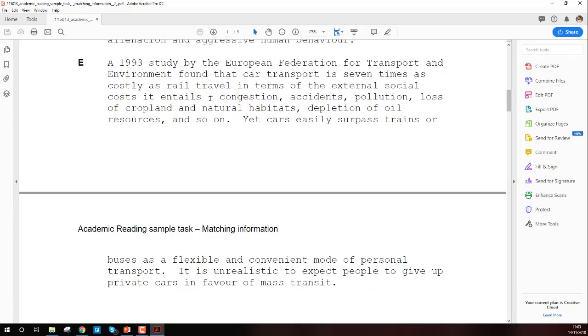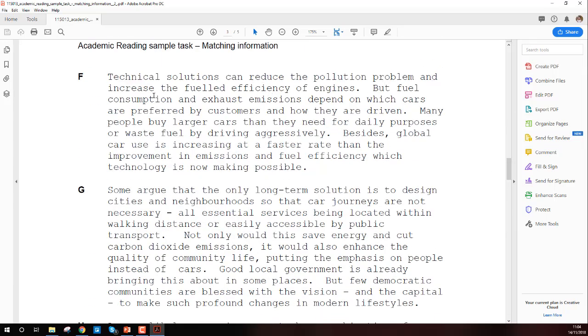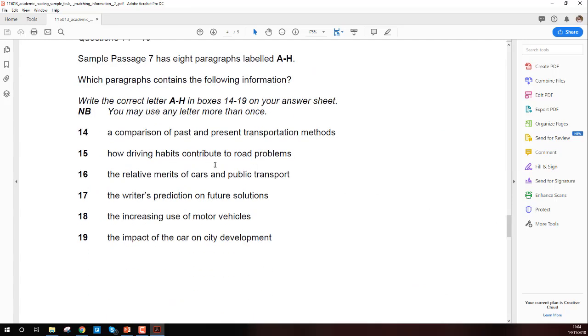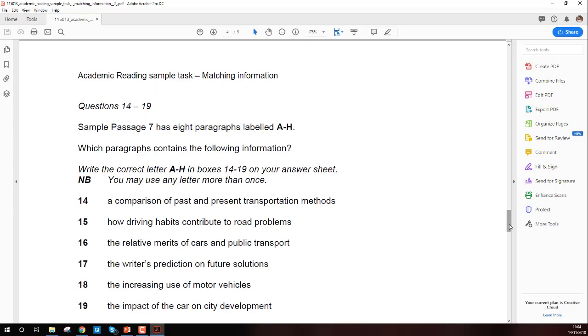So it's really comparing how they are driven. Driving aggressively. Okay. So driving aggressively, how they are driven, driving habits, road problems. I'm going to put 15 as F.